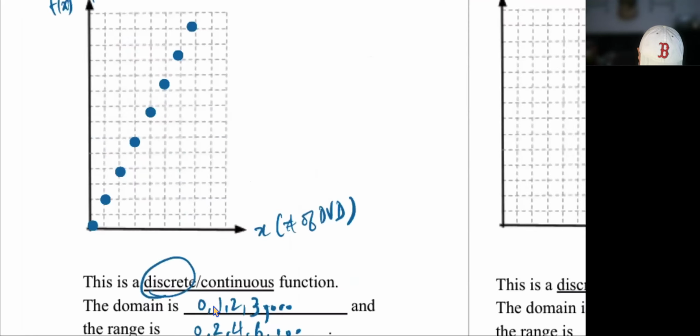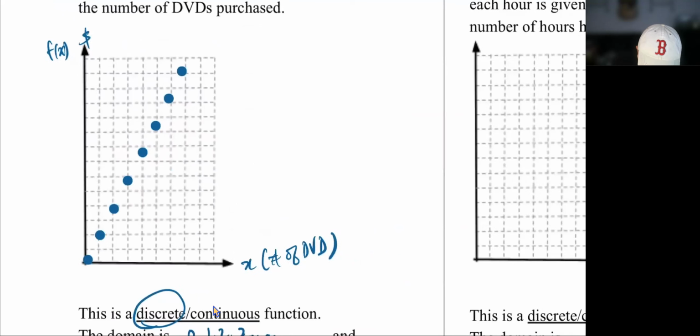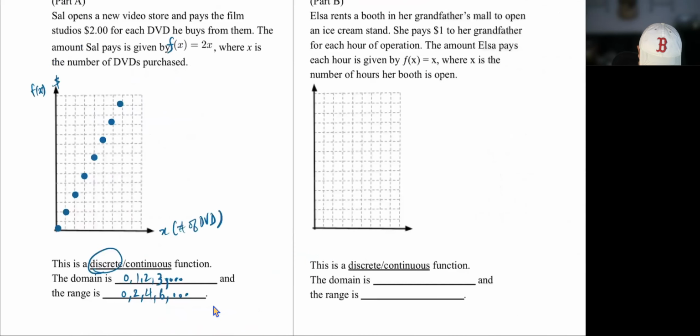Let's look at that a little more closely. If it's 1, that's a 2. If it's a 2, 1, 2, 3, 4. This is a 3, 1, 2, 3, 4, 5, 6. And 4 is 1, 2, 3, 4, 5, 6, 7, 8. Or what you could do is look at the slope m, change in y over change in x, which is 2 over 1.